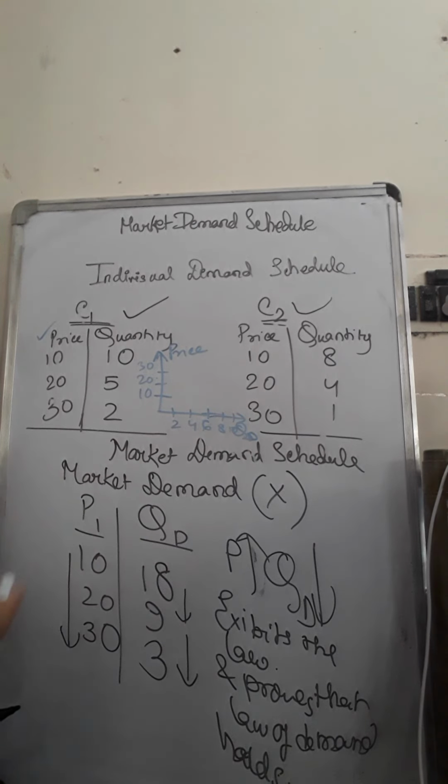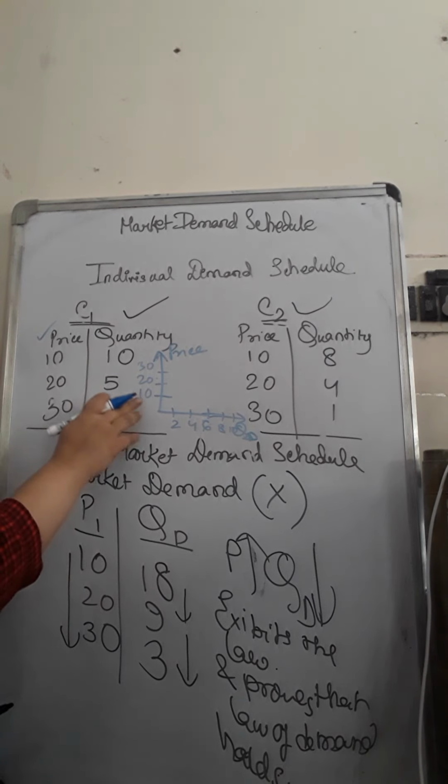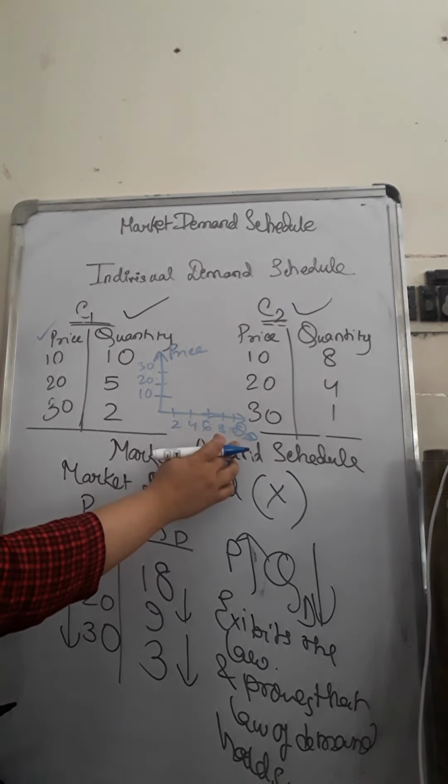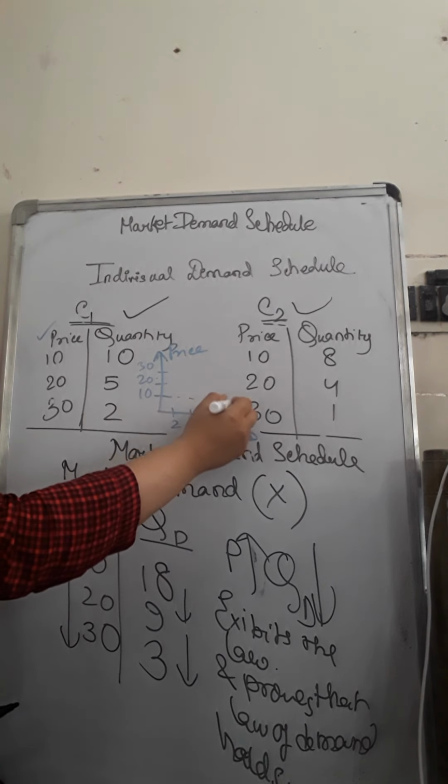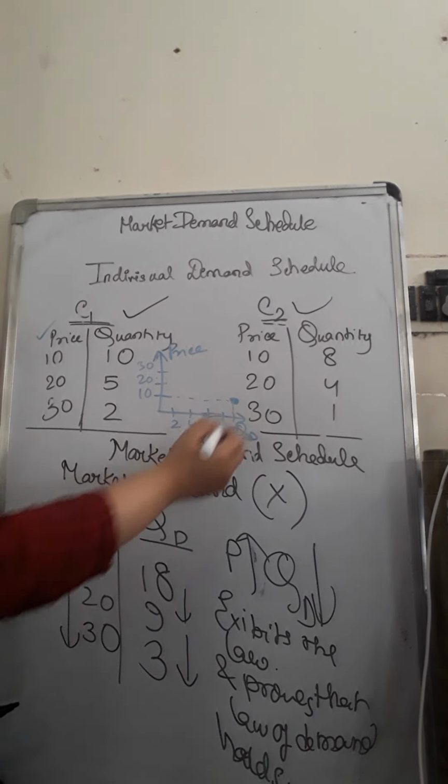When the price is 10, quantity demanded is 10. So if you plot, you get this point.